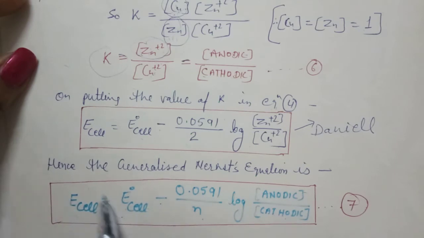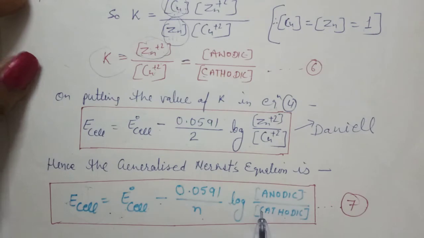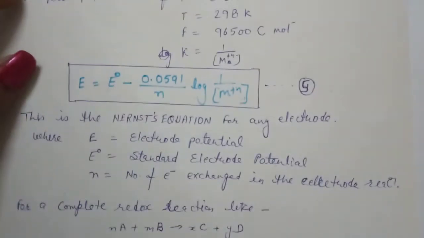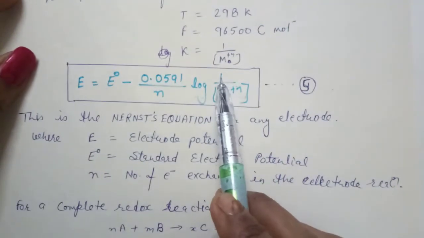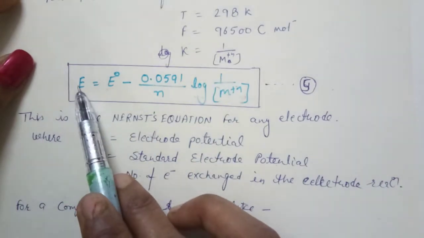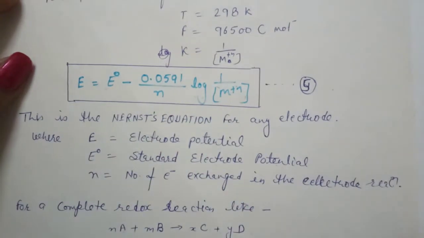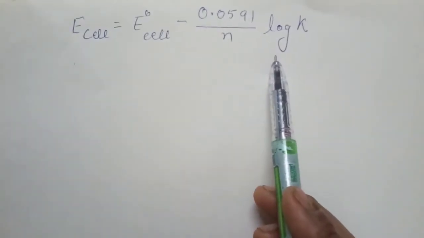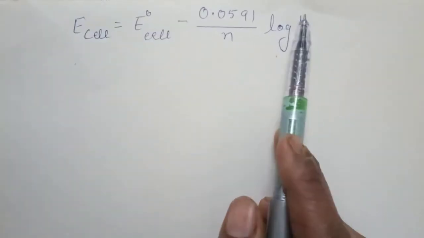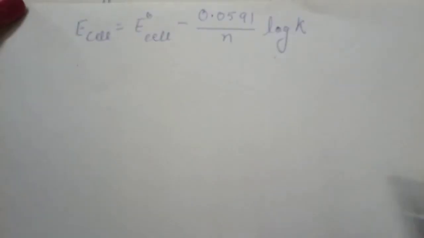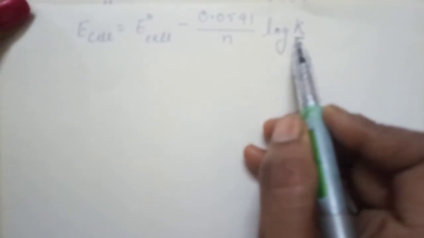We can calculate E cell, or we can say the EMF of the cell, in experimental conditions, and this is the Nernst equation for an electrode to calculate the electrode potential in experimental conditions. Clear? Using this Nernst equation we can also calculate the value of K. When we have to calculate the value of K, the equilibrium should be established.